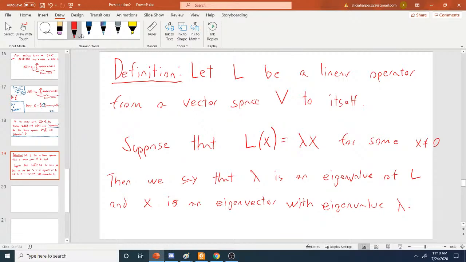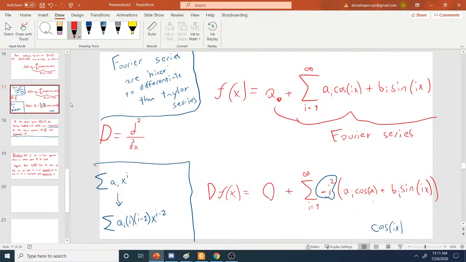So this is the fundamental definition. And it kind of is exactly the notion I was trying to indicate in this example on Fourier series.